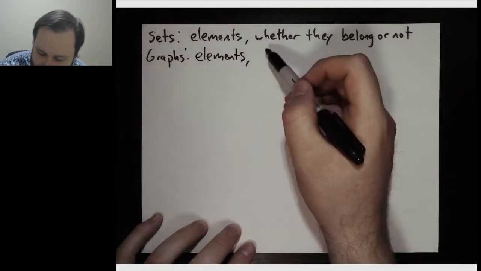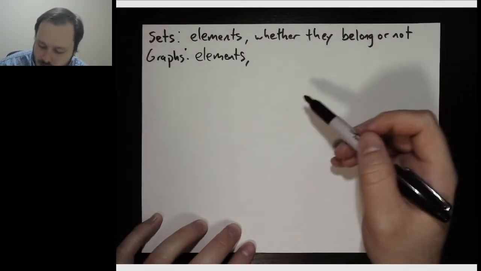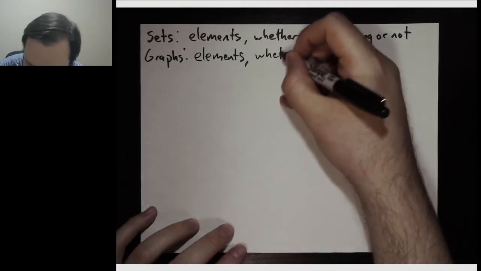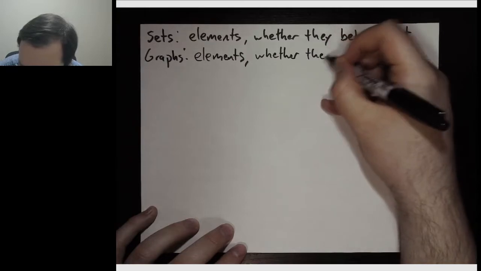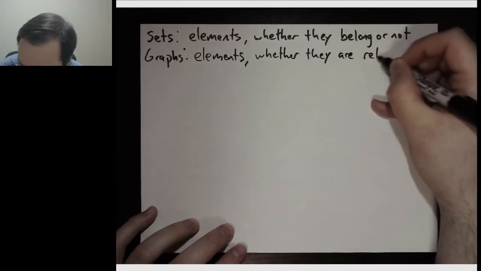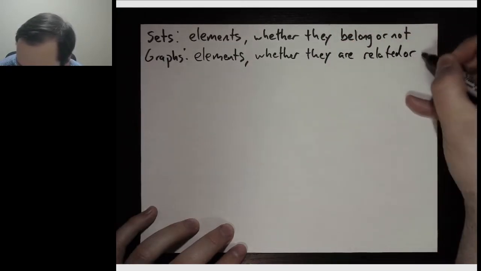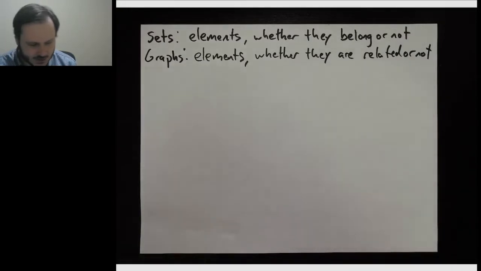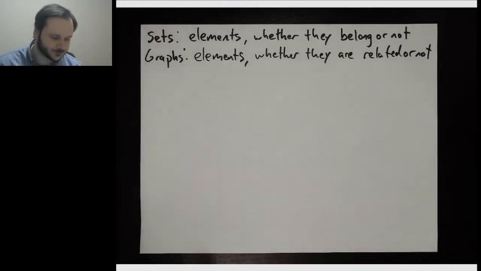So not just whether elements belong or not, but whether elements are related or not. So in some large sense, graphs are similar to sets, and we'll see that, in fact, a graph has a set inside of it, but is more focused on relationships than just elements themselves.